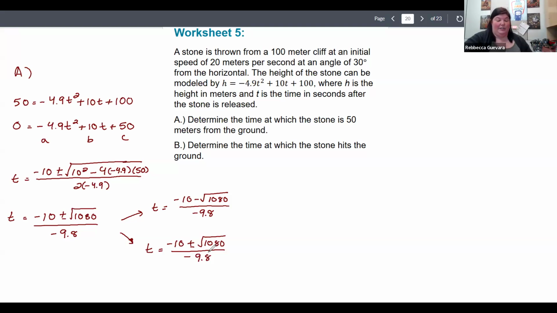So we have to look at both of these. We're looking at time, and as time goes ahead the stone is falling, so the positive time should be the correct time for us.